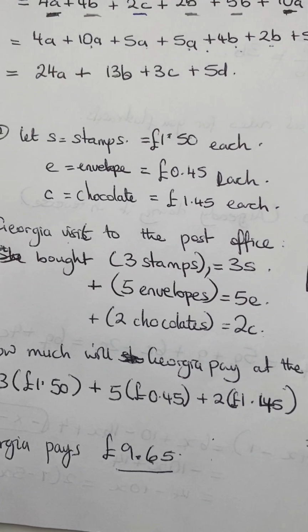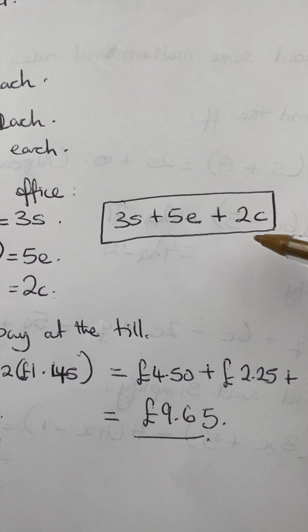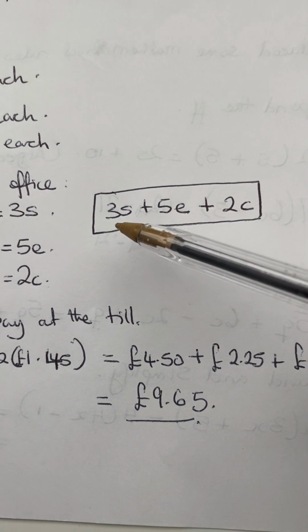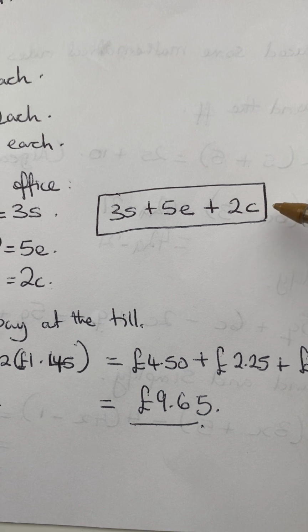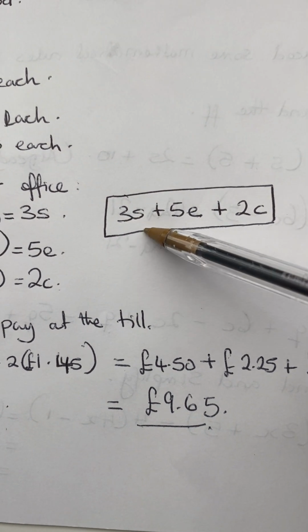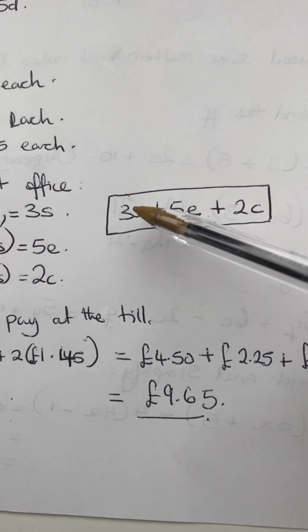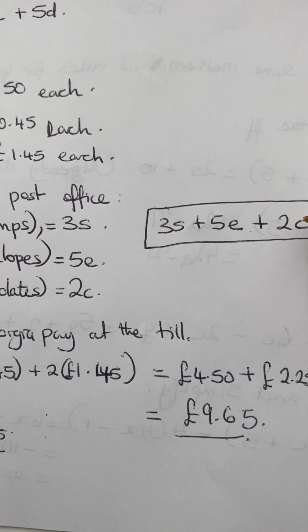But now Georgia's algebraic equation is this, and we know this is how much she bought, and what S is, E is, C is, and how much it cost.